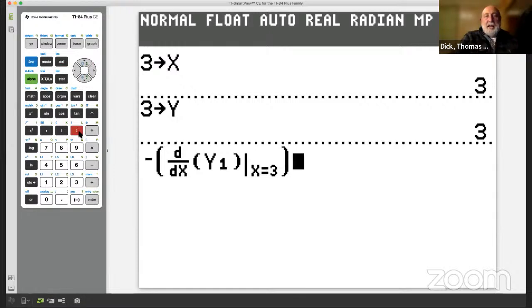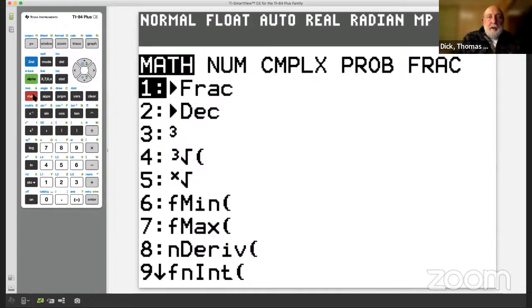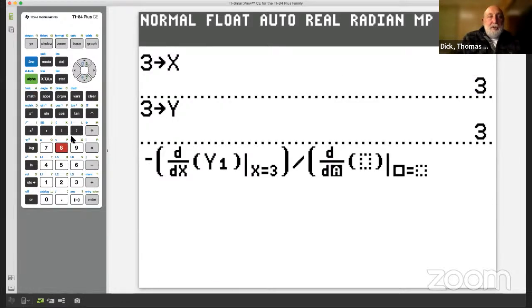So we'll take the negative of that derivative and divide by the derivative of that same expression with respect to y. Now notice when I type in y here, you'll see the y pop up at the back part of that expression where it has a little square equal to something.